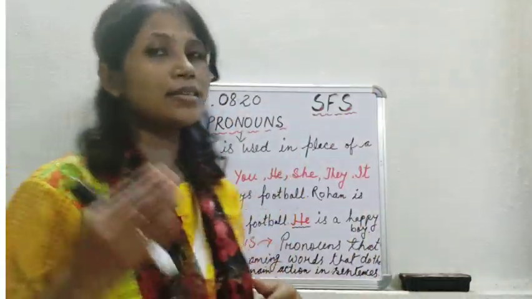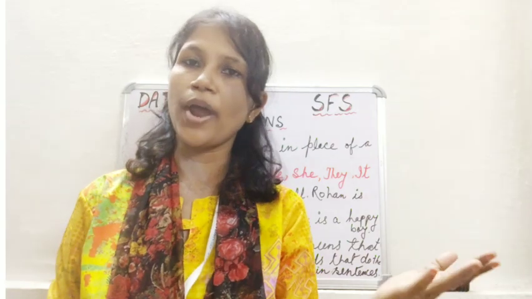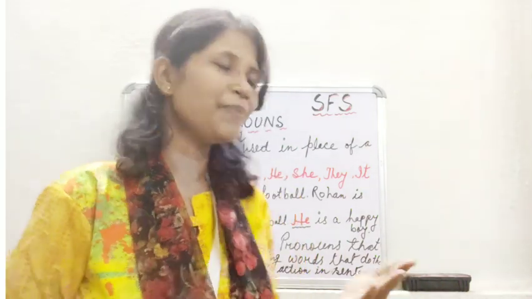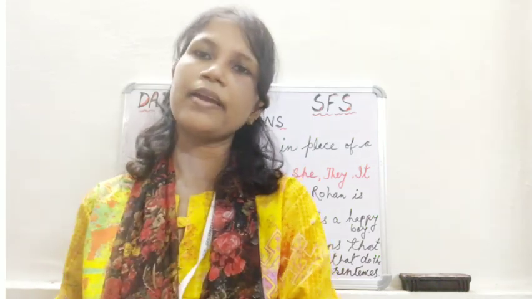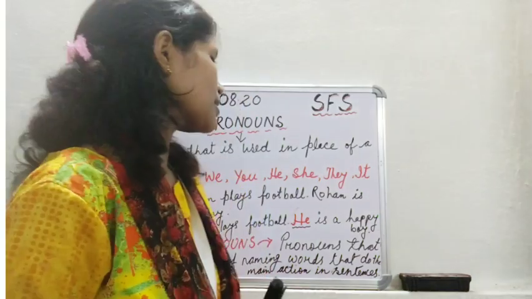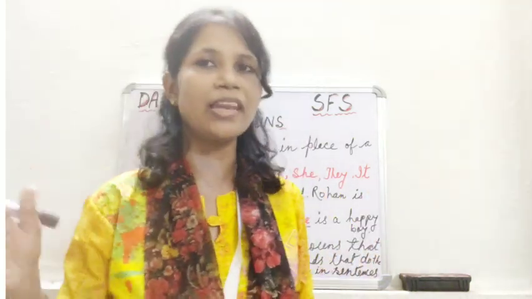The next one is he. He refers to a boy. She refers to a girl. The next one is they. They refers to a number of people. So if a number of people are there, we can say they. And lastly, it. It is used for the neuter gender, non-living things, or sometimes for animals also.